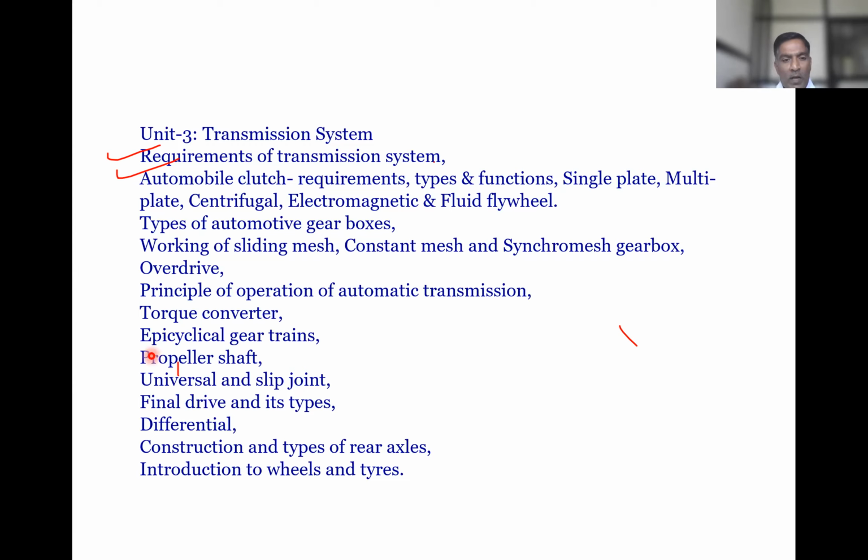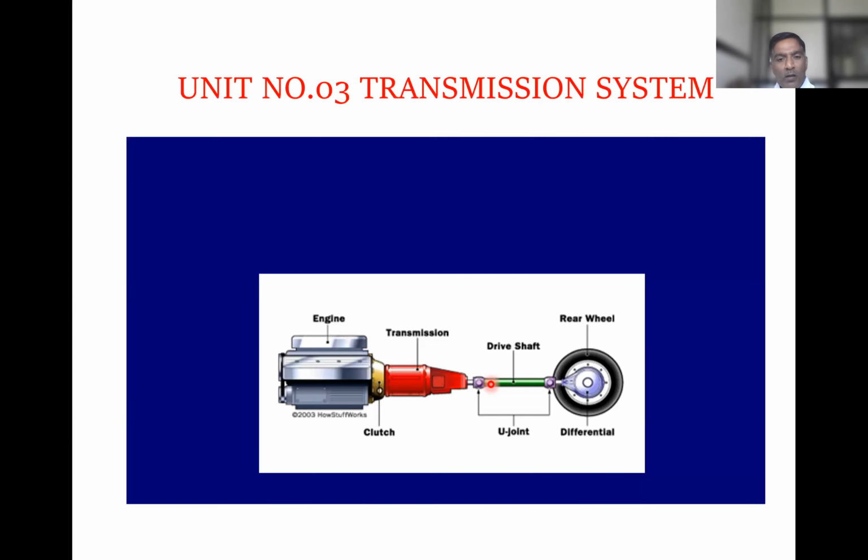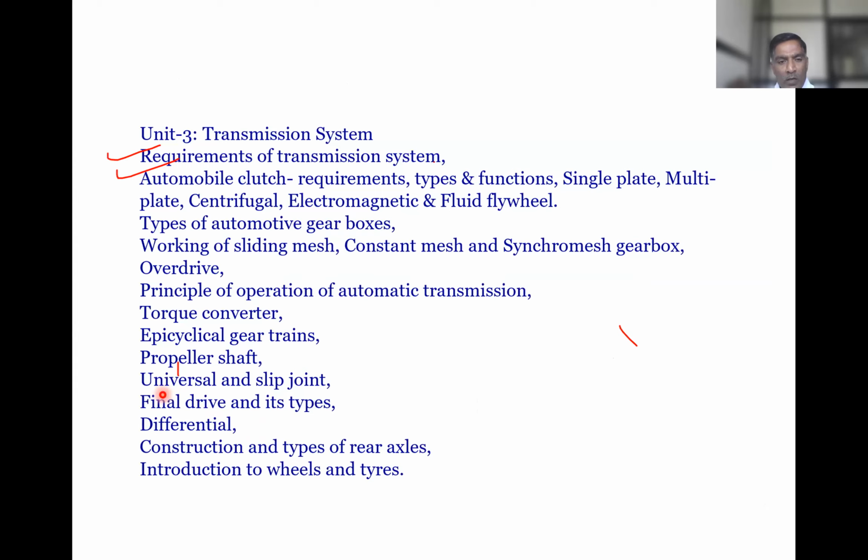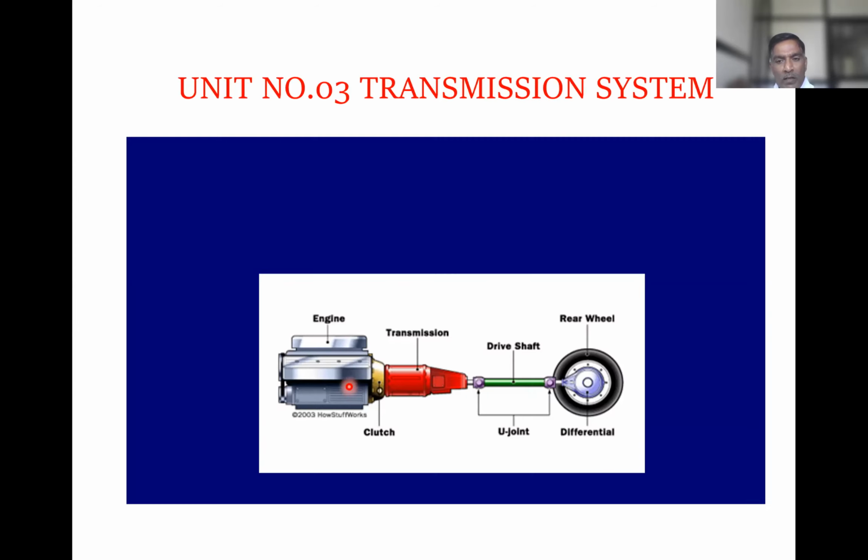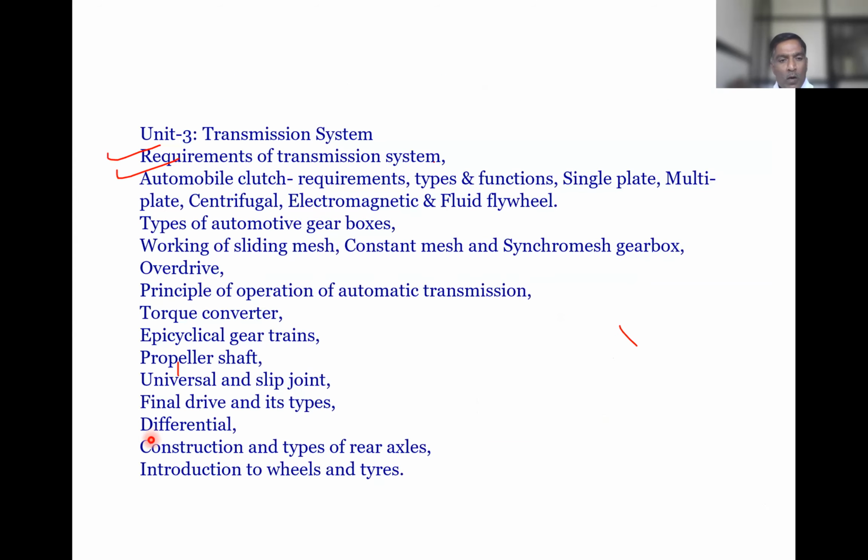Then the propeller shaft. Here you can see in this image, this drive shaft is nothing but the propeller shaft. Again, there are various elements like the universal joint and slip joint. Then the final drive. So this is called the final drive. Inside that there is a differential. Then construction and types of rear axle: floating, semi-floating, fully floating.